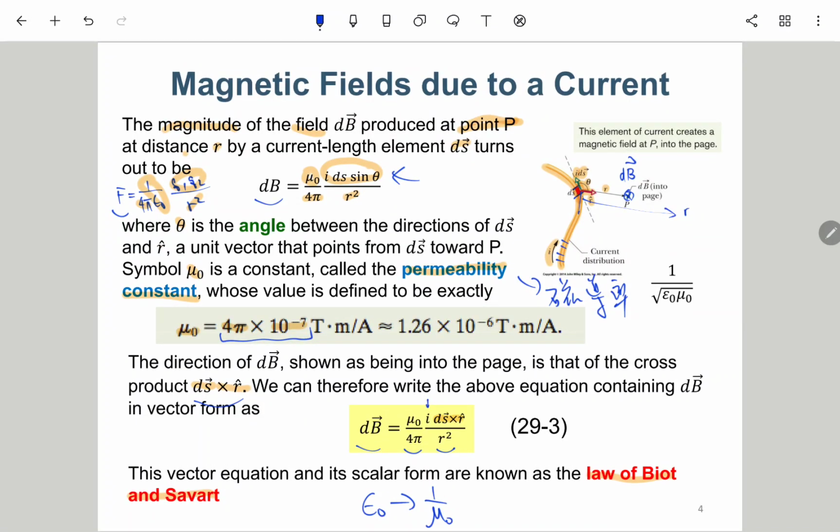So mu naught is in the denominator there, but here mu naught is in the numerator.